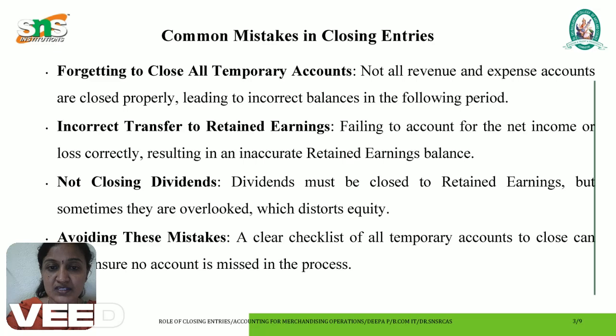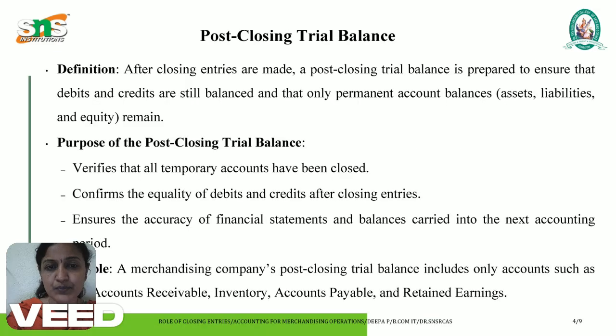in the process. The next is post-closing trial balance. After closing entries are made, a post-closing trial balance is prepared to ensure that debits and credits are still balanced and that only permanent account balances like assets, liabilities, and equity remain.